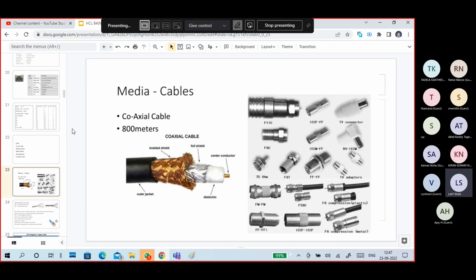The first type of cable is the coaxial cable. I'm not giving more details about coaxial cable because in our network we are not using coaxial cables nowadays. Of course, some countries like the US still use coaxial cables because they provide both TV and internet through coaxial cables.